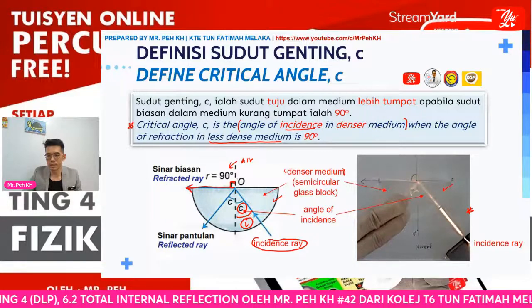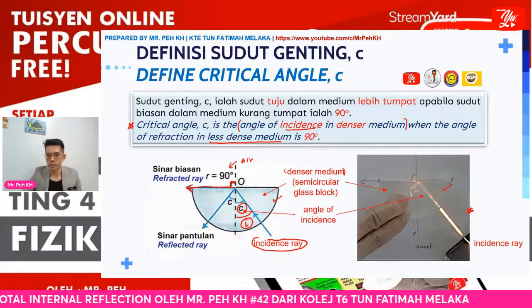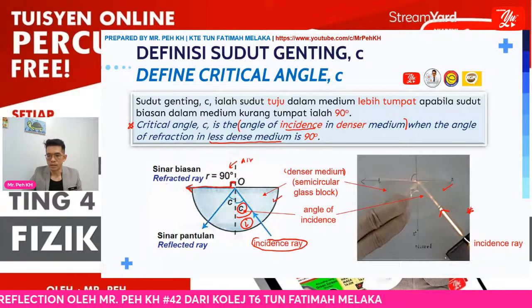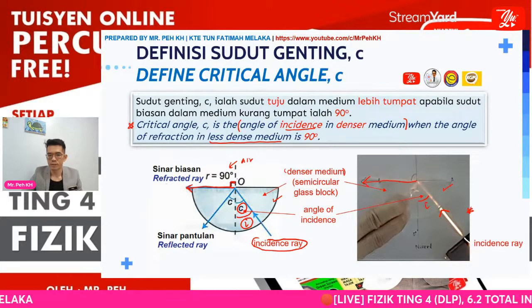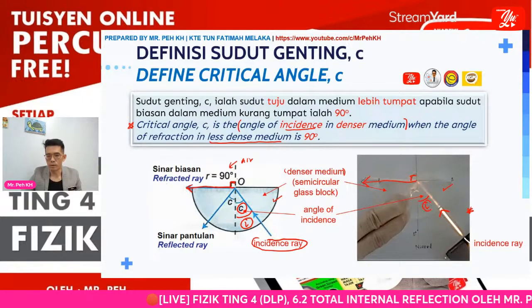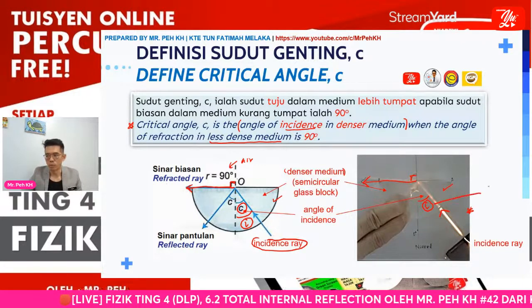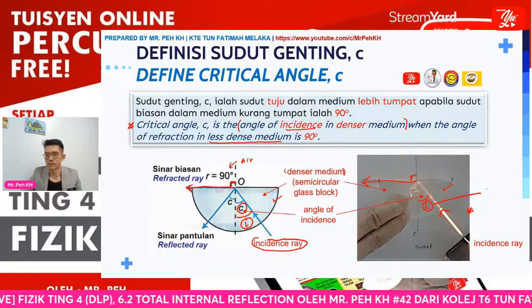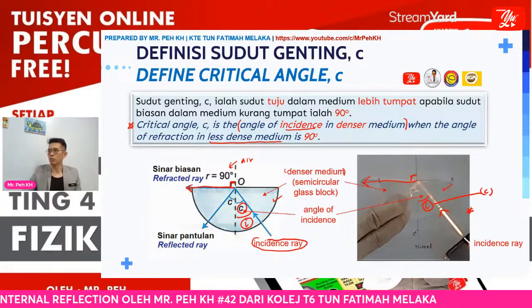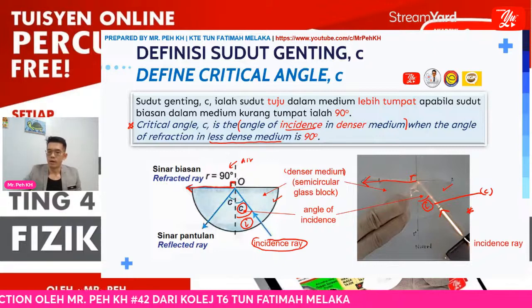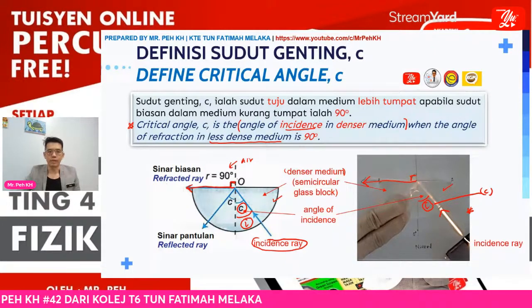The incident angle is here. And when the refracted ray is at 90 degrees in the less dense medium, our incident angle will be known as the critical angle. Okay, students, I hope that you understand the definition for critical angle.